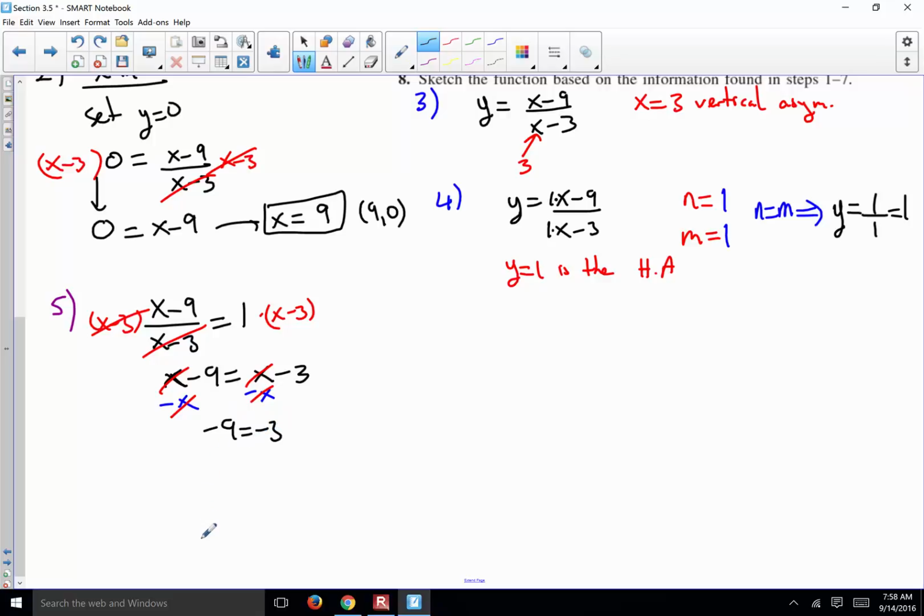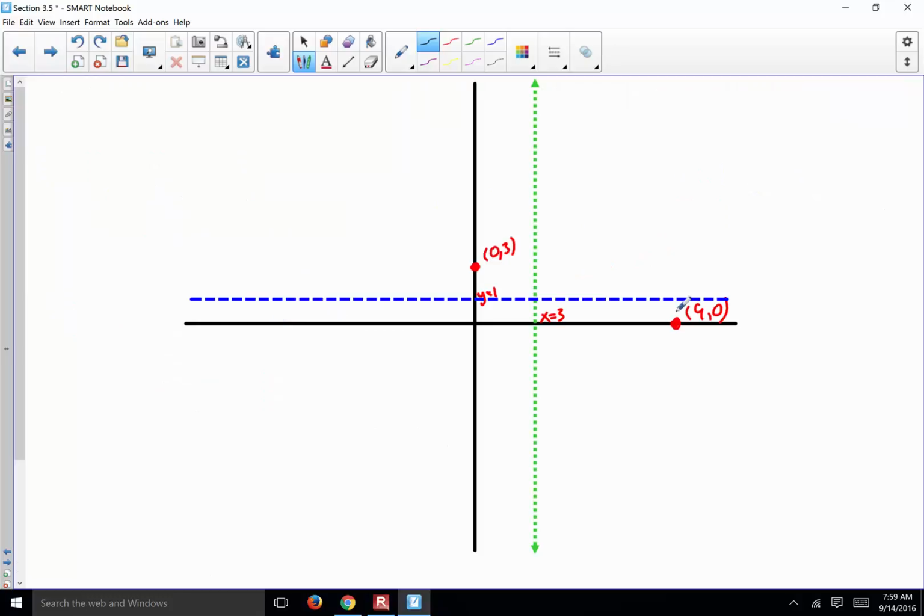What does this say? No crossing. Okay? So I will never ever cross this blue line. Wherever my curve is, it will always go above or under that blue one. Never cross it.